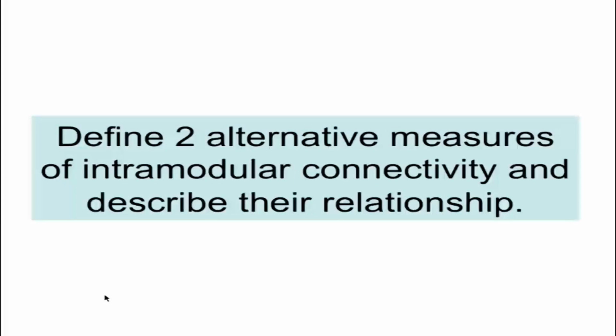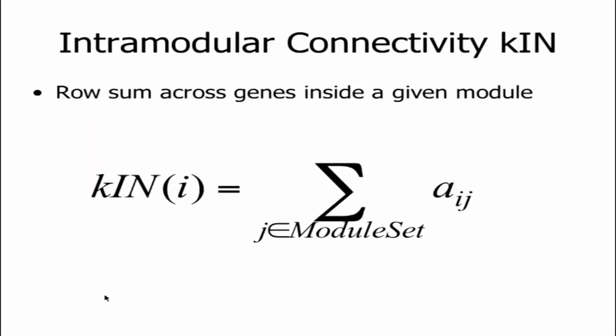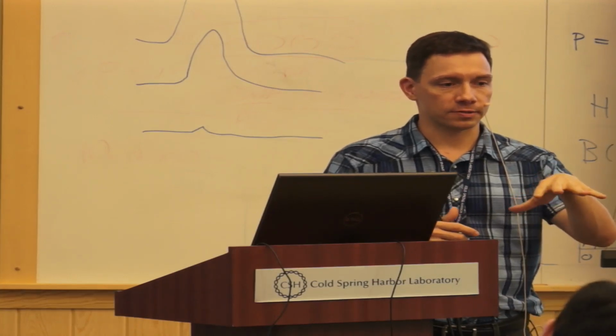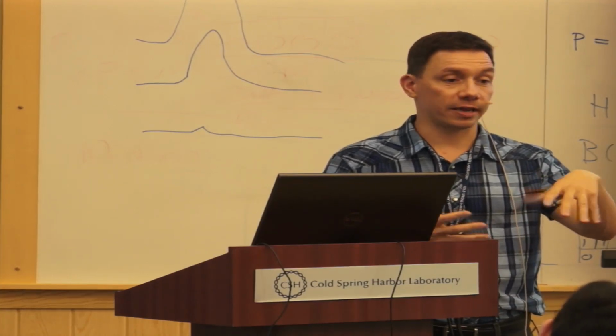So there are two measures. The first measure of intramodular connectivity is defined simply by the sum of adjacencies that a gene has with all the genes in that module. Let me give you a social network analogy. If you have a high school and the modules in that high school are comprised of students that have shared interests.